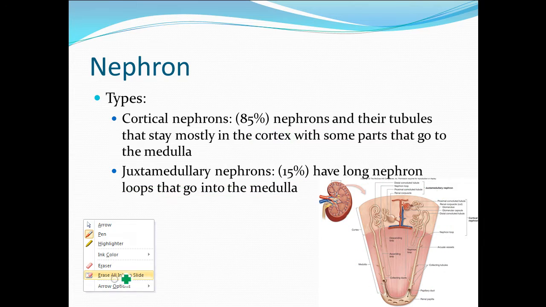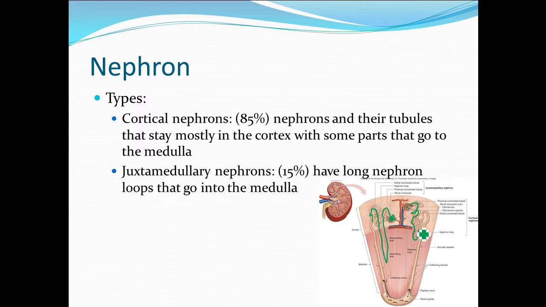I'll redraw it real quick. So you have this nephron here versus this one here. Yeah, the right one is a cortical nephron. The left one, notice how the nephron loop here goes pretty deep. This is called the juxtamedullary nephron. Okay.